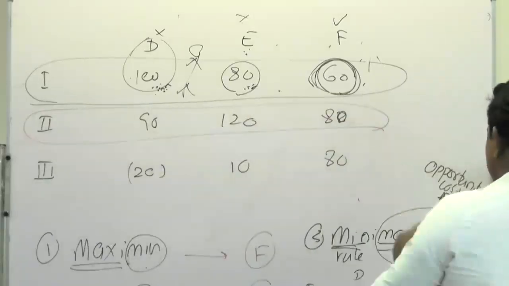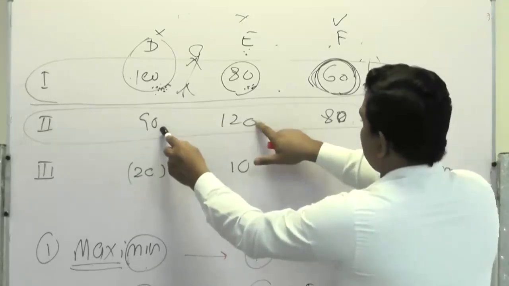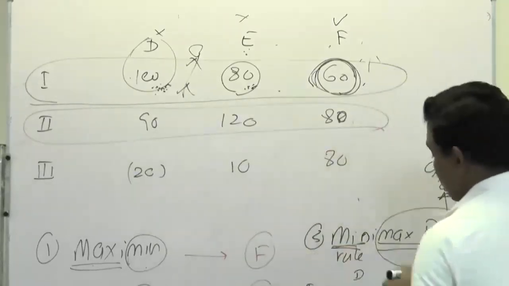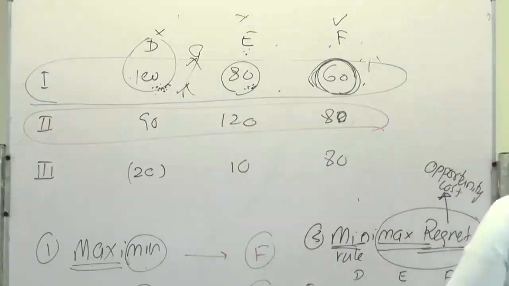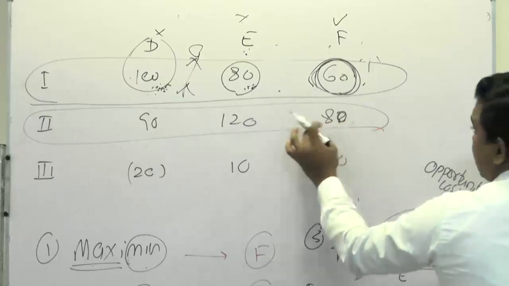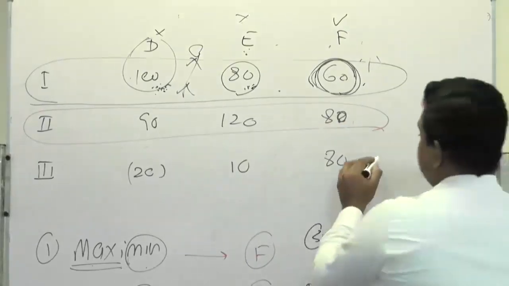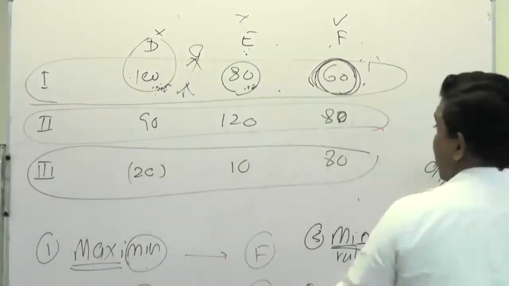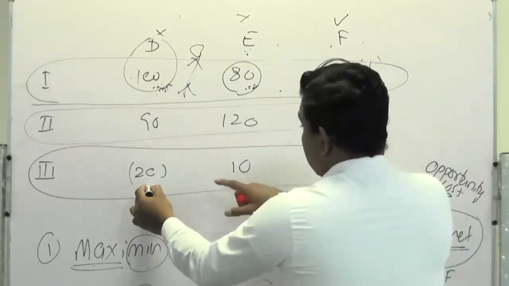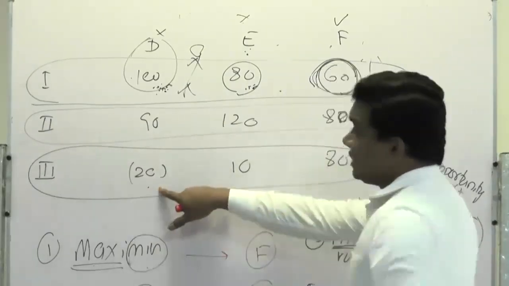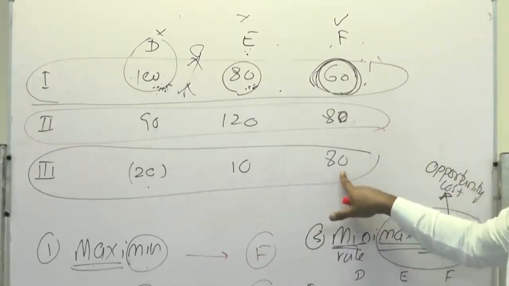Assuming the second scenario, you have selected 90, then the highest opportunity foregone is 120, therefore you will lose 30. But if you select this, no opportunity cost. If you select this, you have an opportunity cost, that is 40, right? In the third scenario, if you are here, you will lose the opportunity to earn 80.